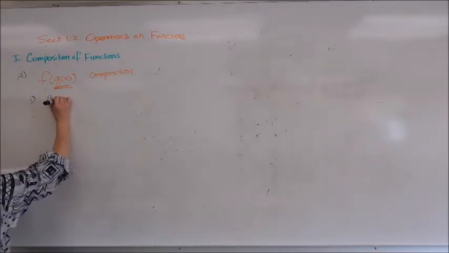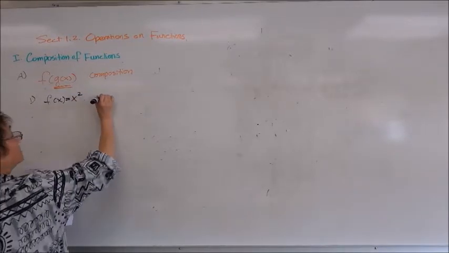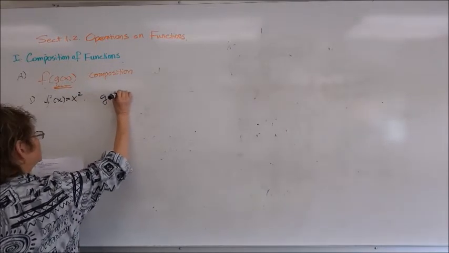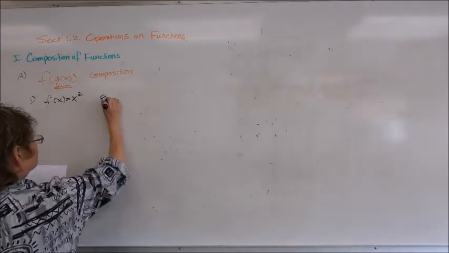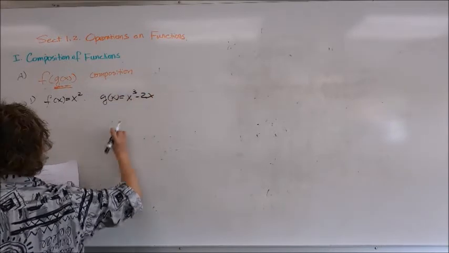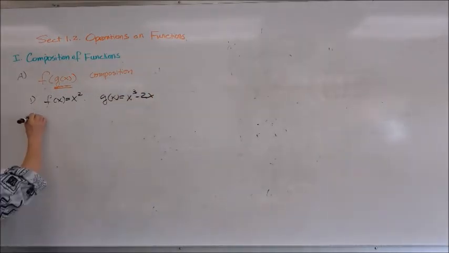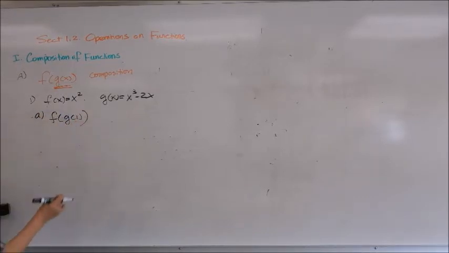So if my f of x is x to the 7th, right? My g of x is x cubed minus 2x. If we write this symbol, first f of g of 1, what does that mean?